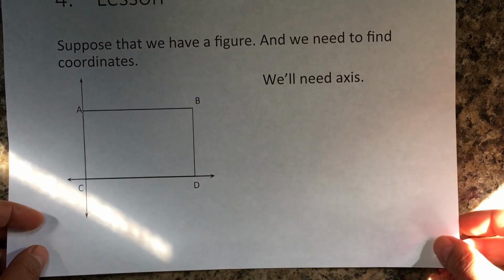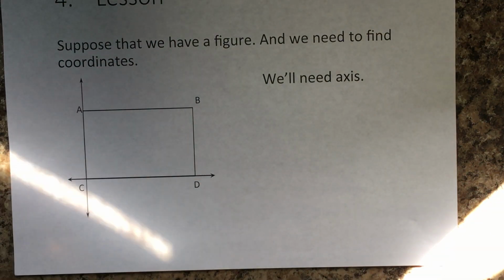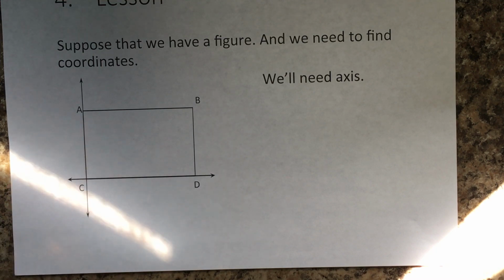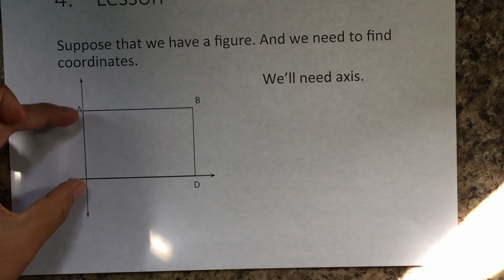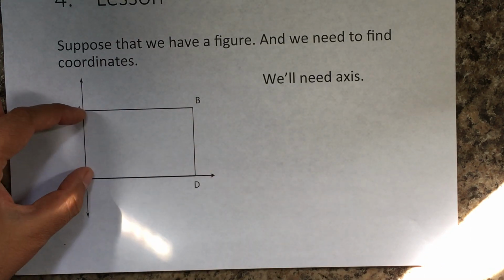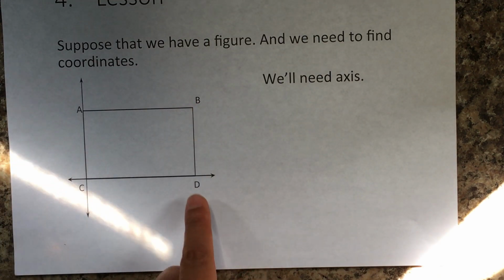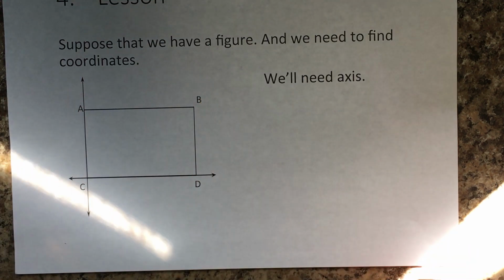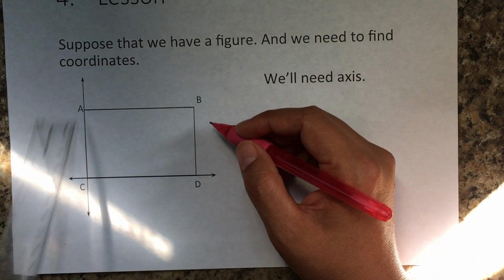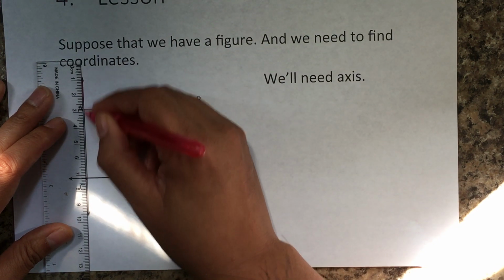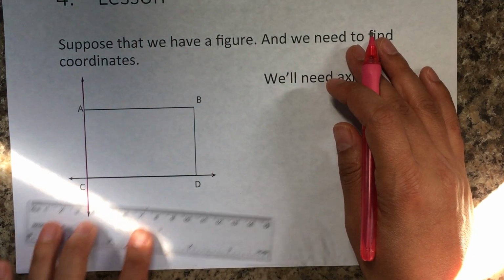Okay, so suppose that we have a figure and we need to find coordinates. But we don't have the units. We don't have the squares. However, we can see that A is at the same distance from X, and we can see that D and B is at the same distance as A and C. Okay, so let's say that this is our coordinate plane.